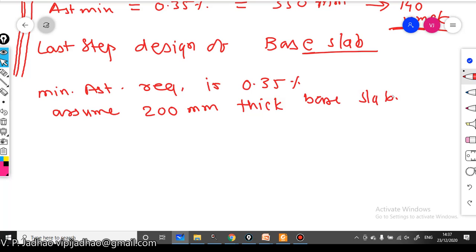For 0.35% steel, we have already calculated this value for 200 mm, that is AST will be equal to 350 mm square.